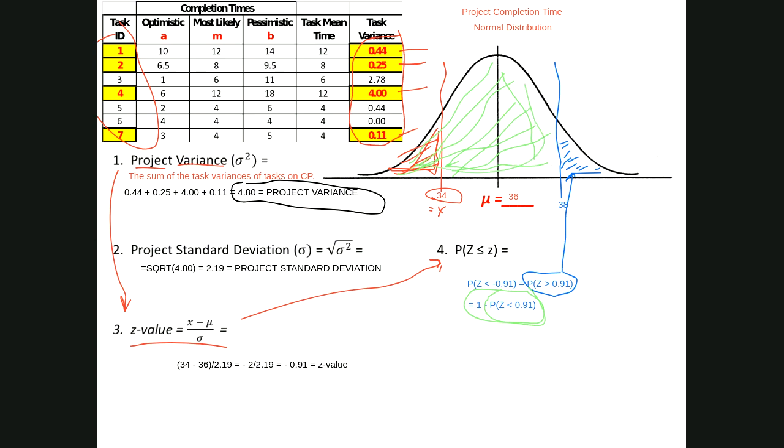All right, and so consequently, 1 minus this is the same as this.